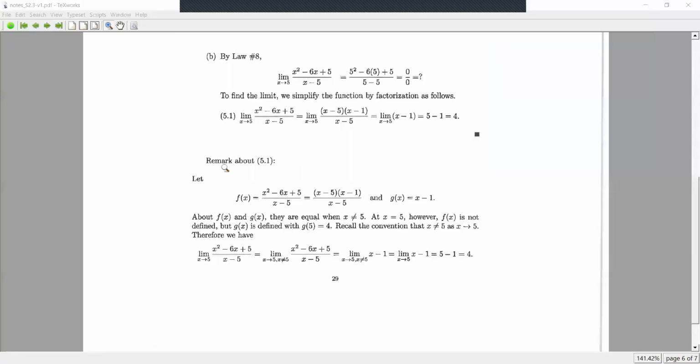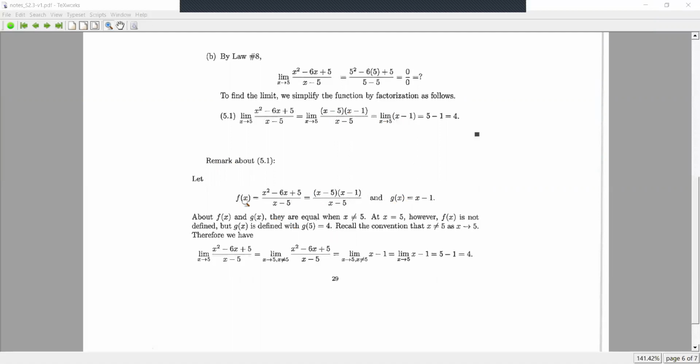Here is one remark about this equation. Let f be this function, and let g be this function.